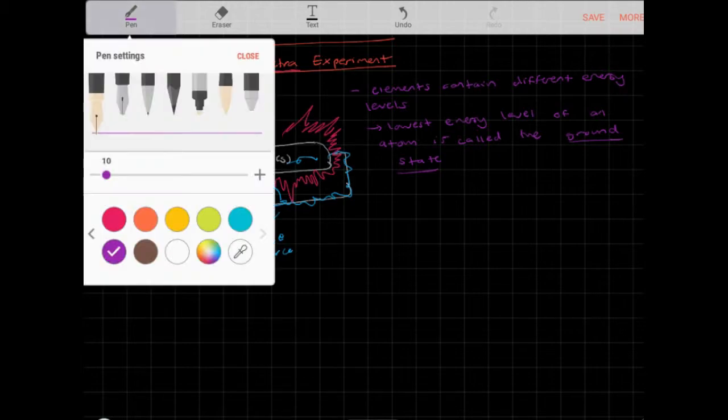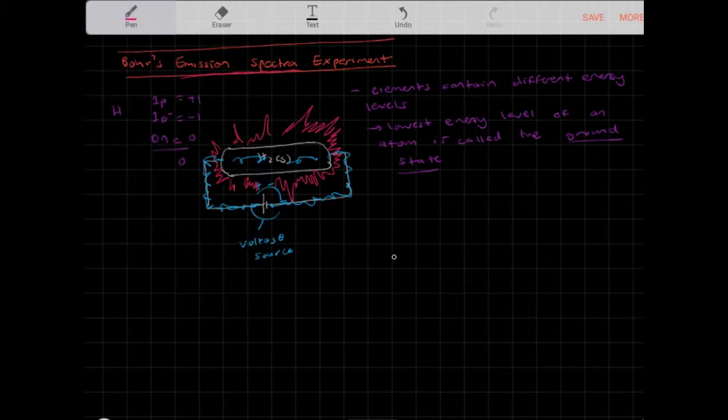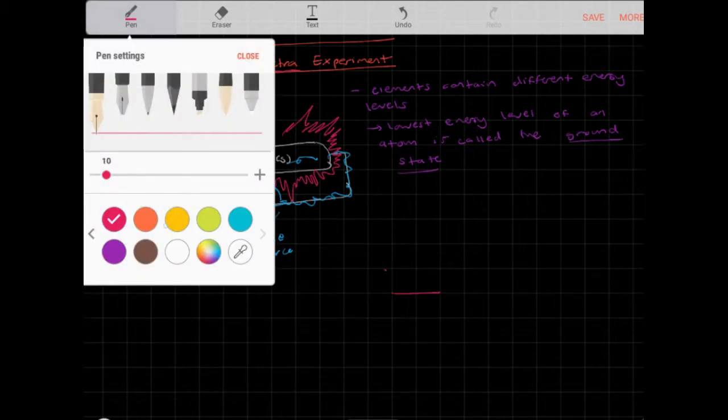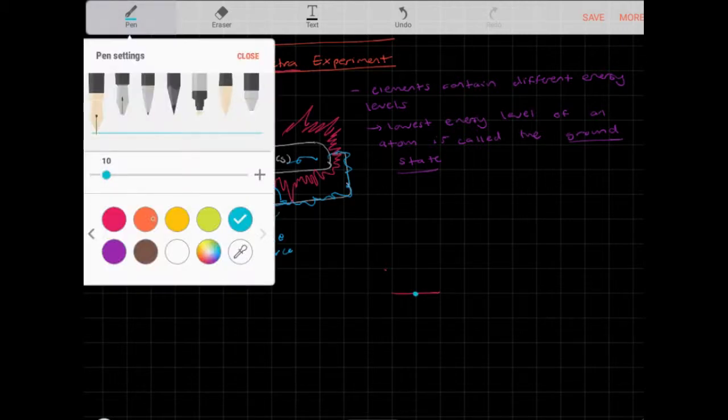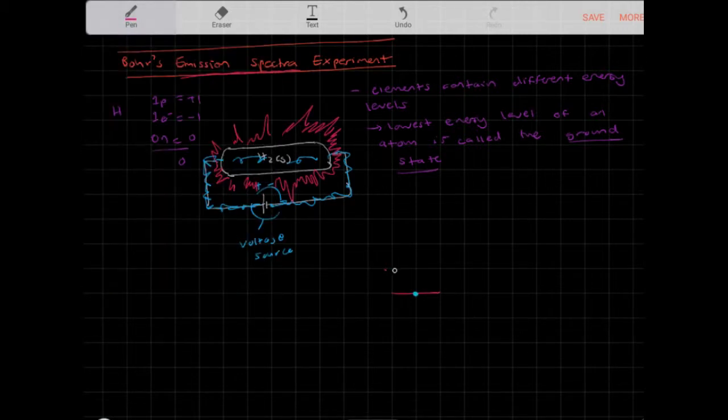So in his diagram, let's say that this is an example of an energy level, and this is your electron. Let's say that each of these lines represents an energy level, and the higher up the lines are, the higher the energy level. We're going to use n to represent an energy level.